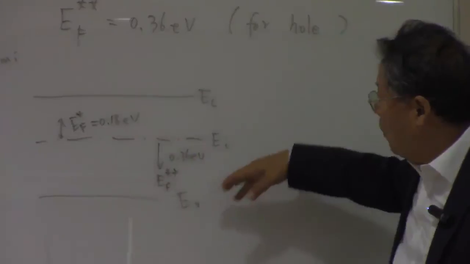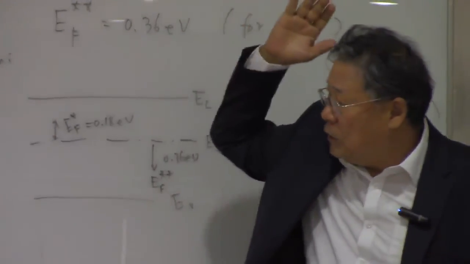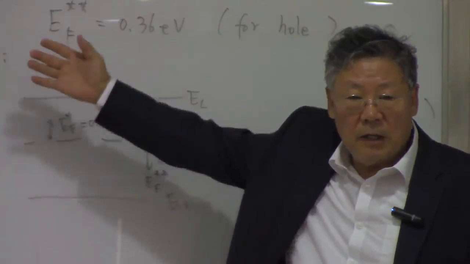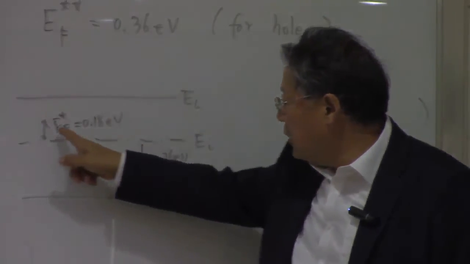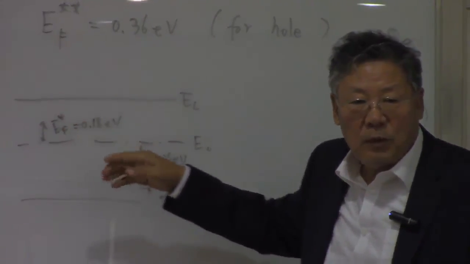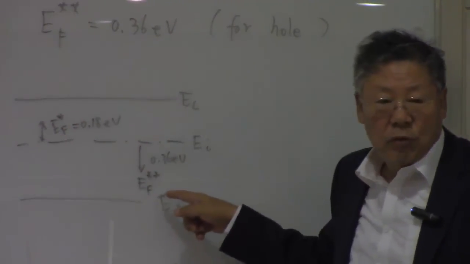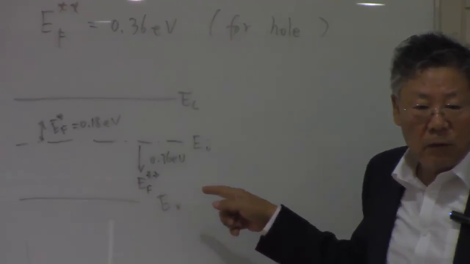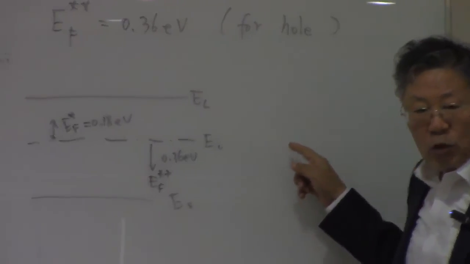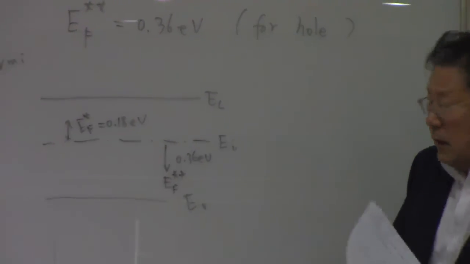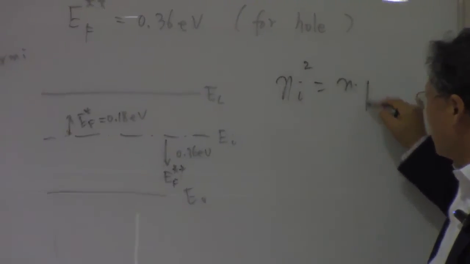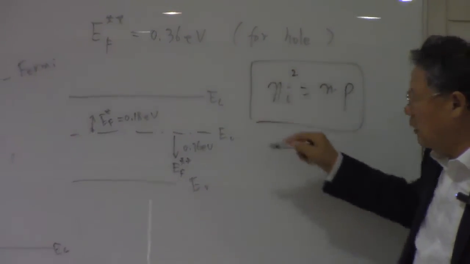And of course, if you shut down the shining light, cut off the light, then the quasi-Fermi energy level for the electron is going to be equal to the quasi-Fermi energy level for the holes, equal to the Fermi energy levels. And again, you are going to have NP product under equilibrium like this.